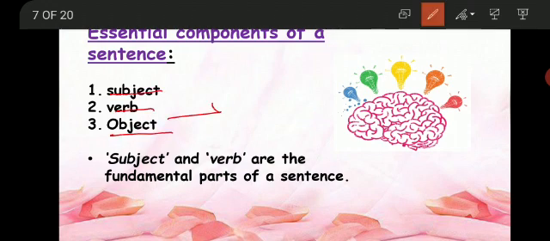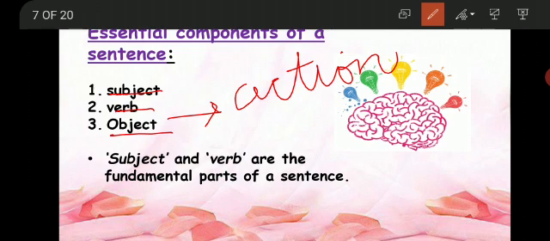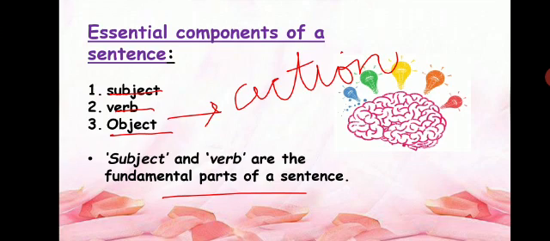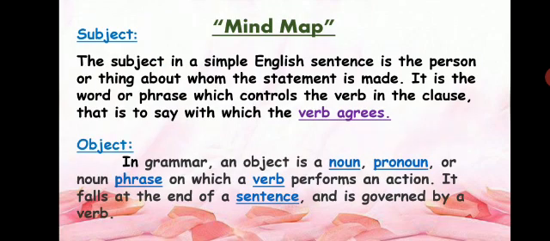What is a verb? The verb is the word that shows action. And what are subject and object? Students, the subject in a simple English sentence is the person or thing about which the statement is made.